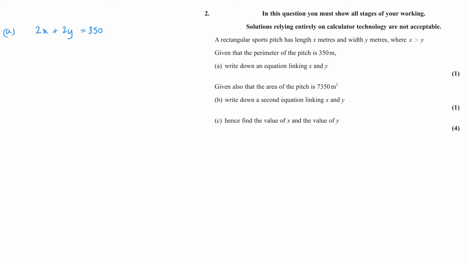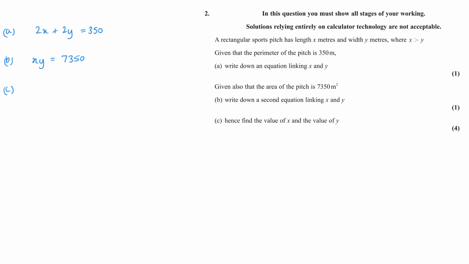Now, given that the area is this, the area is going to be x times y equals 7350. And then part C is hence find the values of x and y.